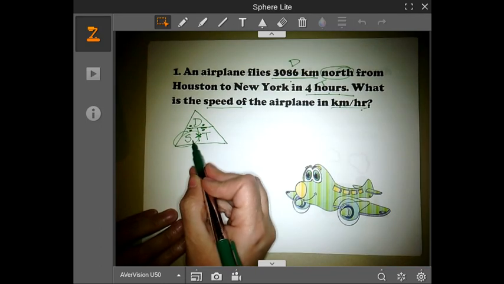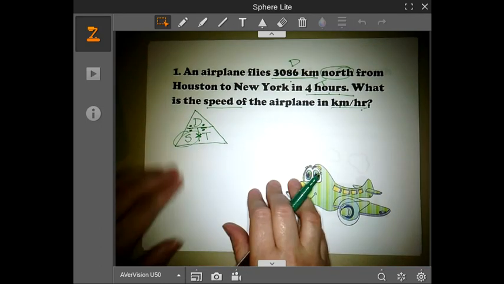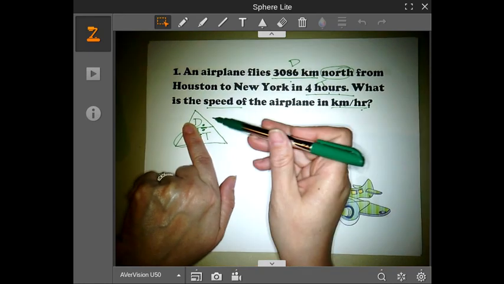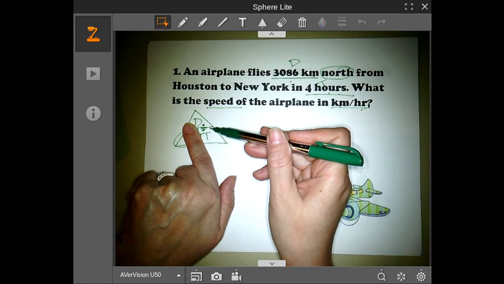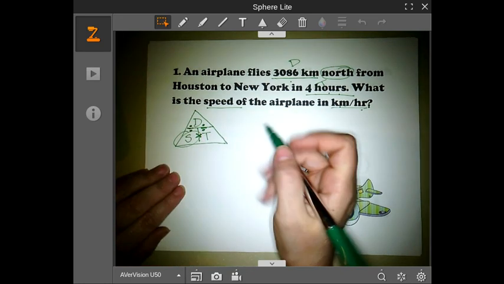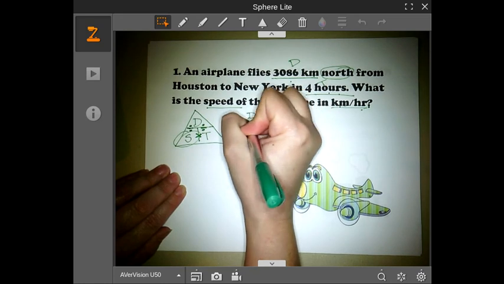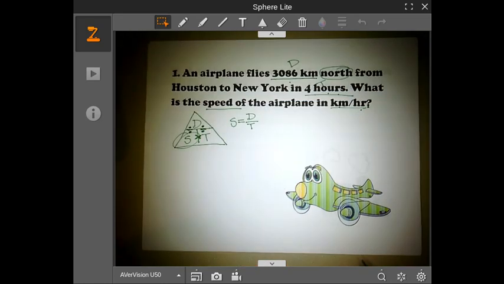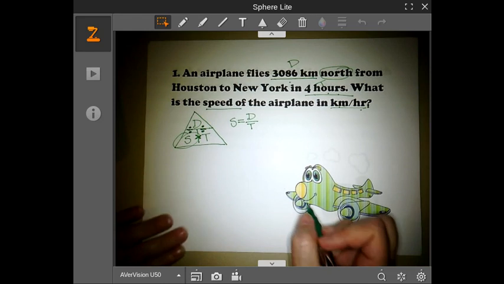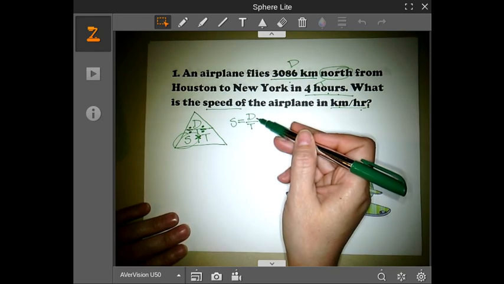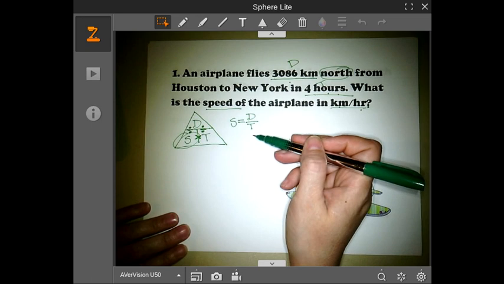So to get speed, we have to cover up speed on the speed triangle, and it tells us that we need to divide distance and then time. So our formula would actually be S equals distance over time. What that also tells us is that when we put this into our calculator, we're always going to want to put the distance first.